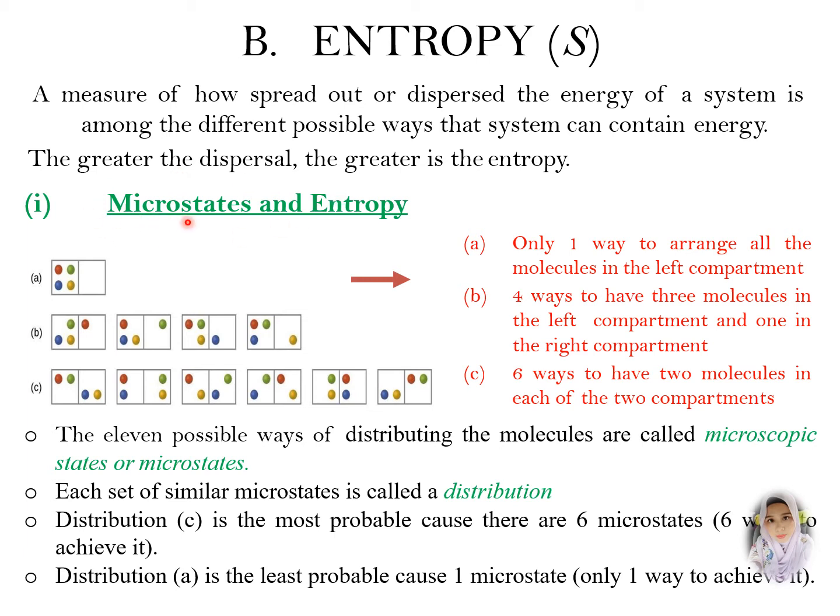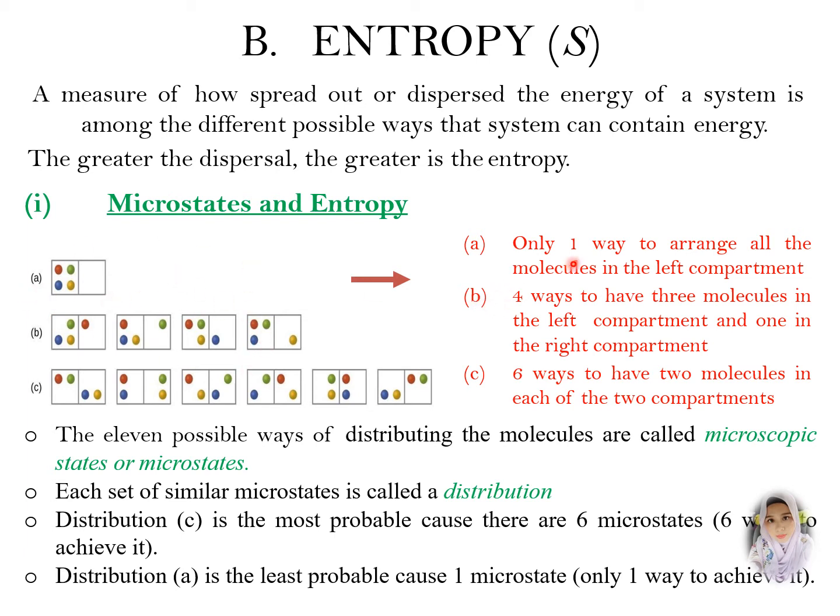First is microstate and entropy, where the concept of probability is useful for predicting the direction of spontaneous processes. To do so, let's consider a simple system of four molecules distributed between two equal compartments as shown in the figure.